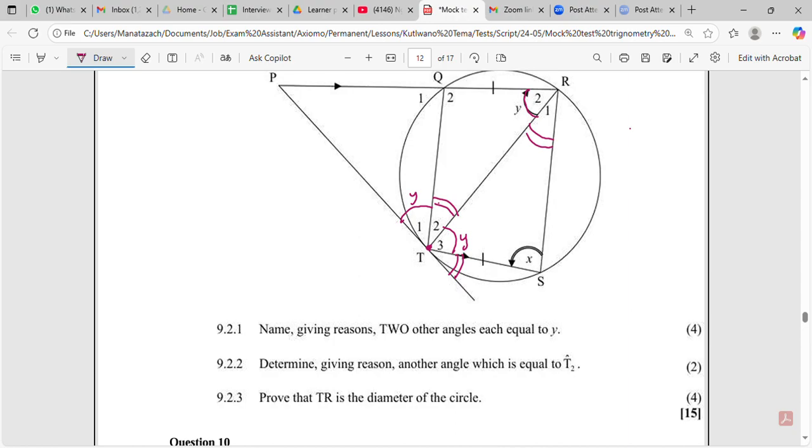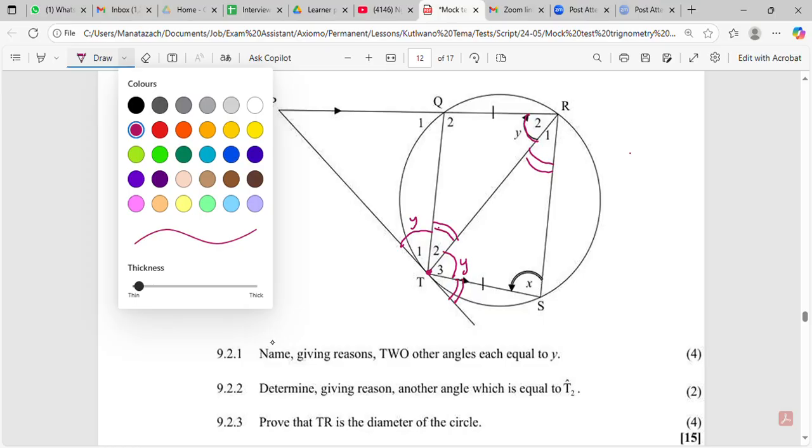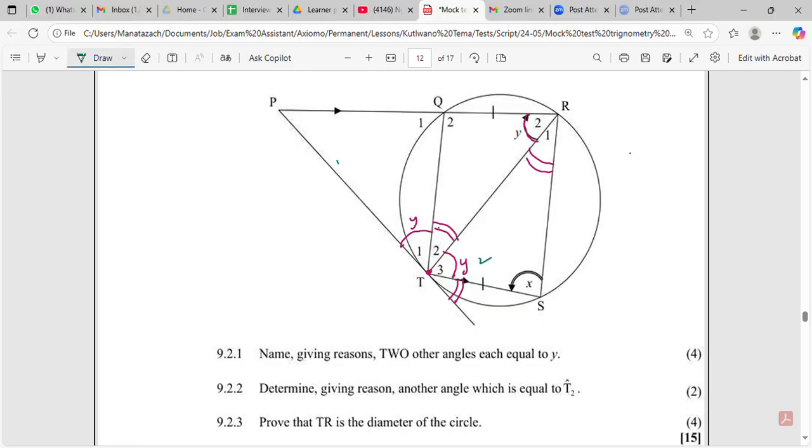So let's look at the first one. It says name two other angles, each equal to y. I think we've labeled the diagram already. You can see that we have labeled T3 as y and T1 as y. So we just need to provide the reasons. Remember what we said about T1 being equal to y. The reason was tan chord theorem, because it's equal to R2.